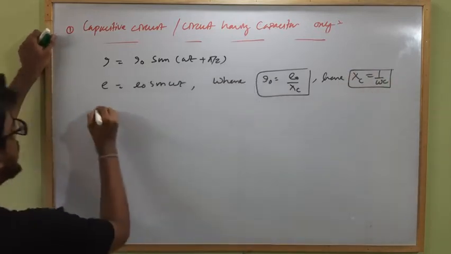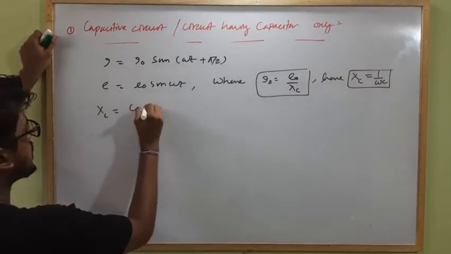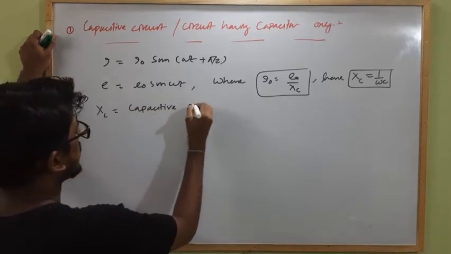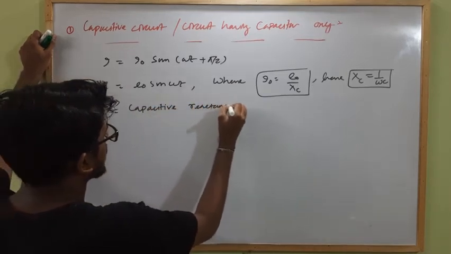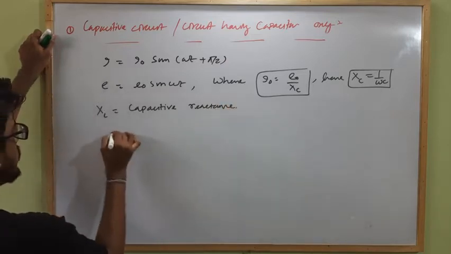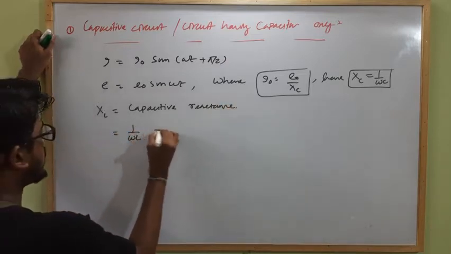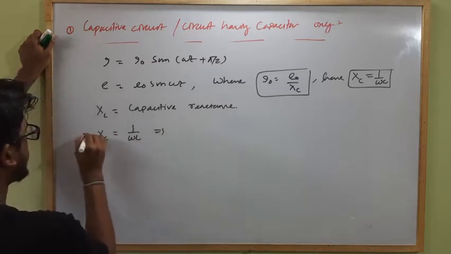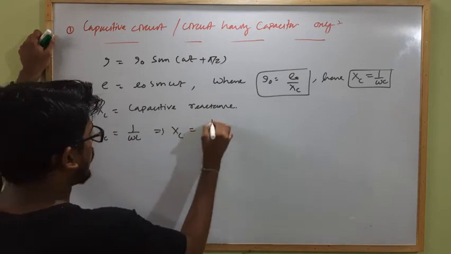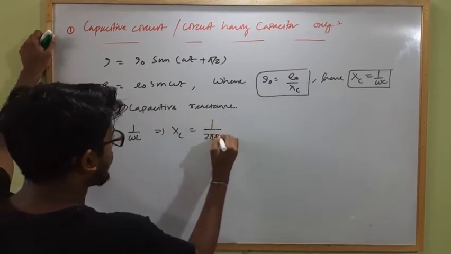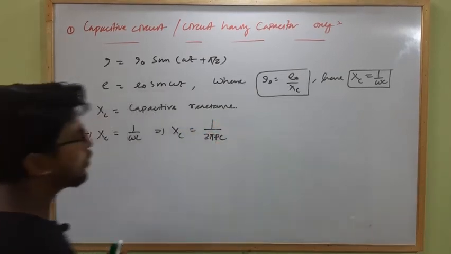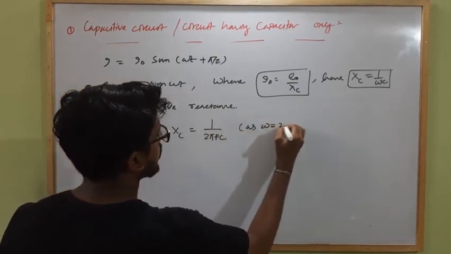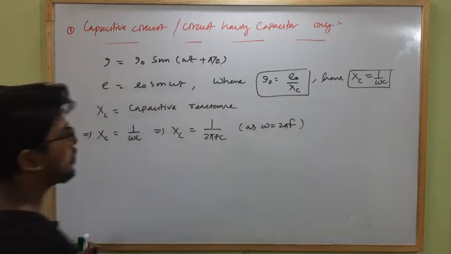Okay. Xc is known as what? Capacitive reactance. So it's equal to how much? 1 by omega c, or this can be written as Xc equal to 1 by 2 pi f into c, where f is frequency. Here omega is angular frequency, as omega equal to 2 pi f, we already know.